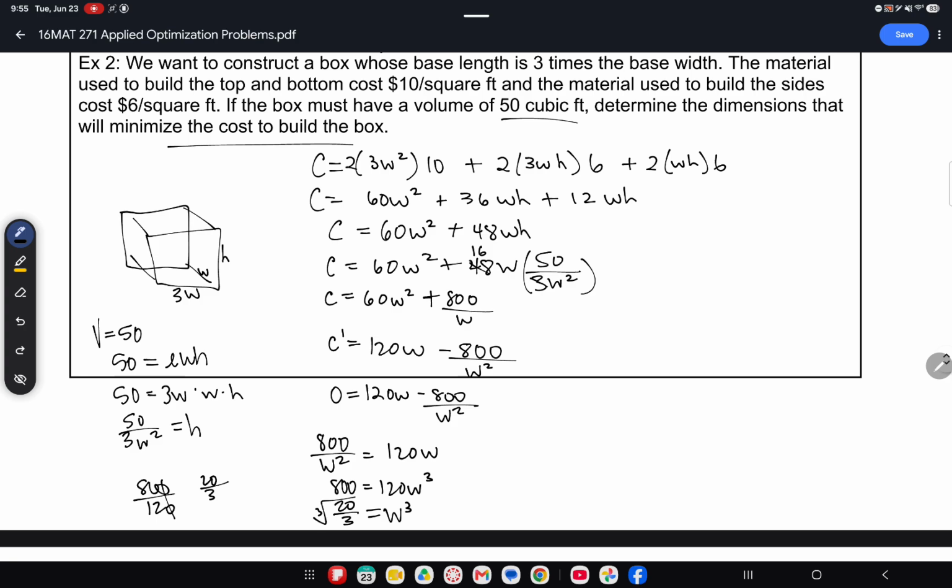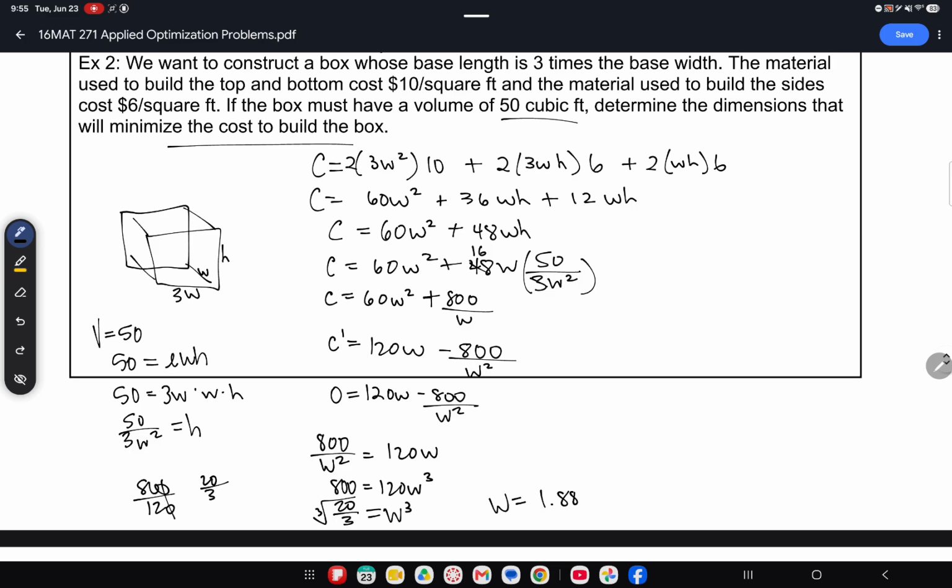Oh my goodness. So 20 thirds, and then cube root. I get about 1.88-ish.